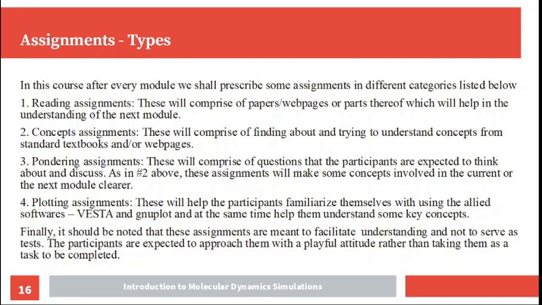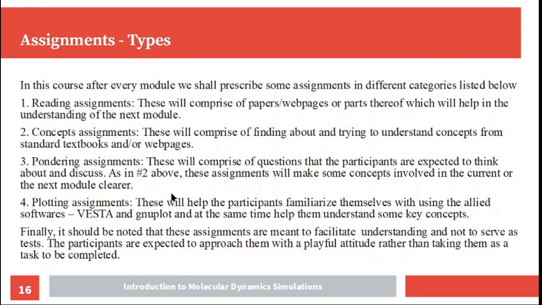Third type is pondering assignments, and these are quite interesting and I think quite important too. These will comprise of questions that the participants are expected to think about and discuss. As in the concept assignments, these assignments will also make some concepts involved in the current or the next module clearer.